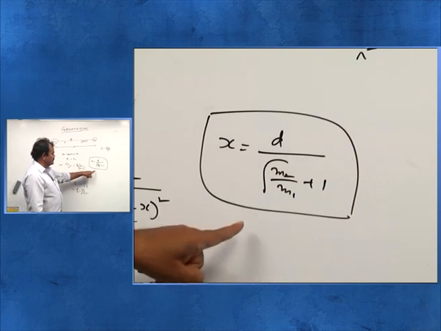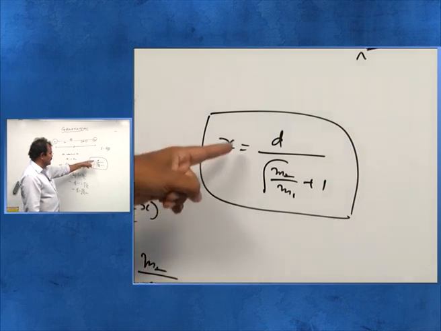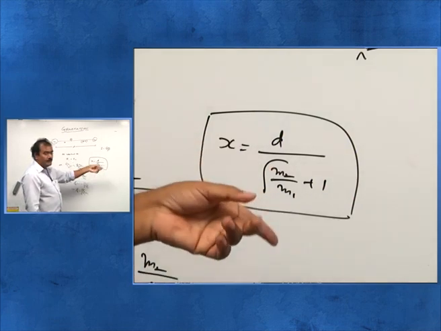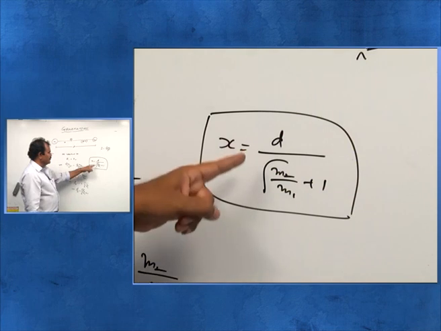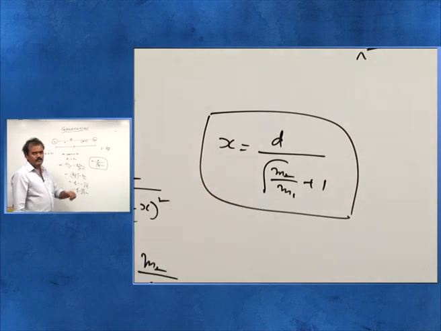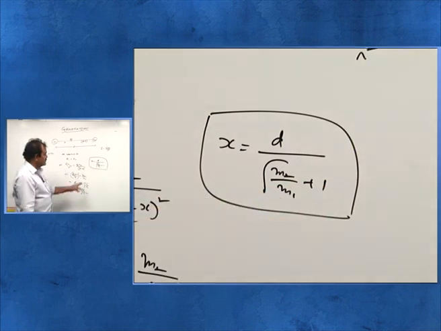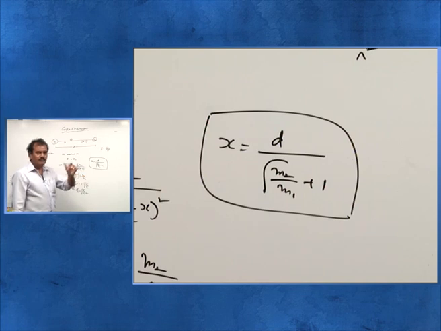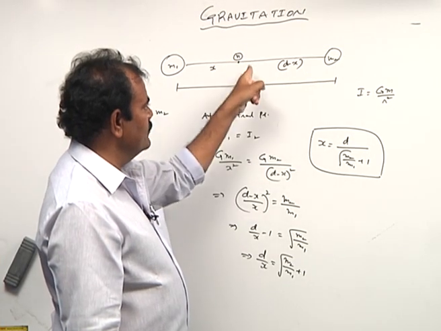In electrostatics, it becomes x is equal to d by root of q2 by q1 plus or minus 1. Similarly, for pole strengths, x is equal to d by root of m2 by m1, where these indicate the pole strengths, plus or minus 1. There the neutral point can be formed either in between them or outside, depending on the nature of the charges. If they are like charges, the neutral point will be formed in between them.